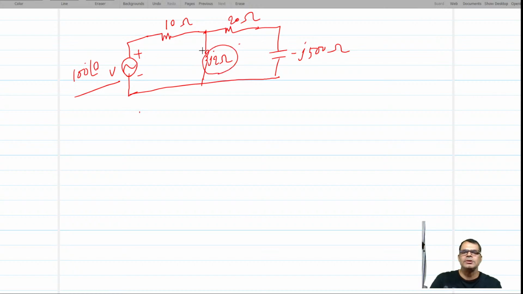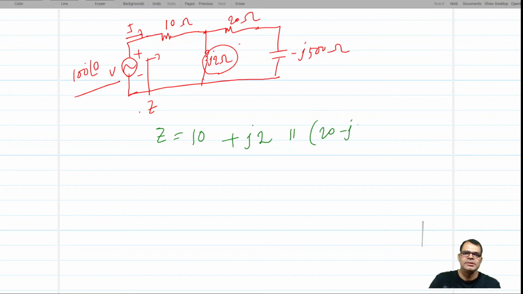For example, you want to find the current in this circuit. What you will do? You can find the total impedance Z faced by the voltage source. So Z will be 10 plus j2 in parallel combination with 20 minus j500, and you will proceed like this.